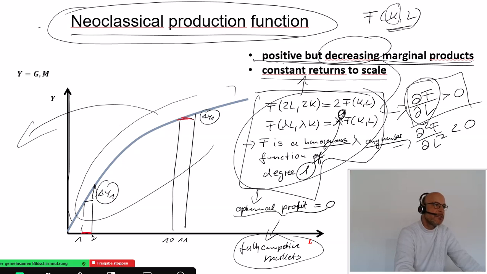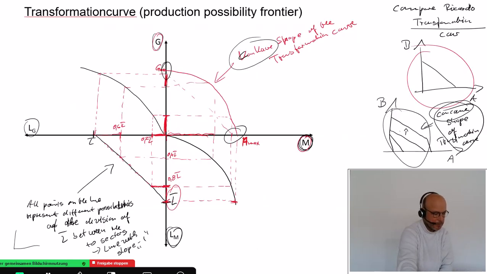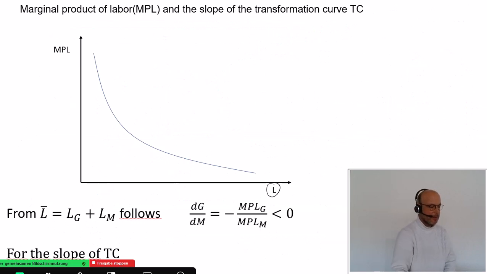The first derivative of the production function is just the marginal product. The marginal product derived with respect to L, positive but decreasing, means we have to have a falling function in the input factor. This we find here just in the representation that you remember it. This is just the first derivative of f with respect to L.